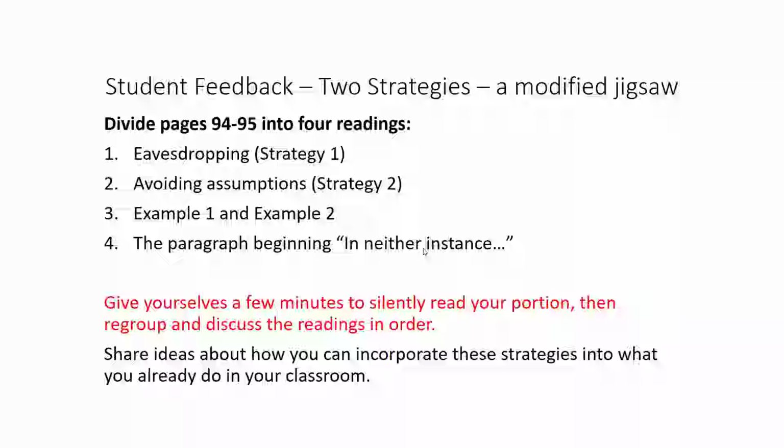Each of you take a piece of that, give yourselves a few minutes to silently read your portion, then regroup and discuss the readings in order, and then take a couple of minutes and share ideas about how you can incorporate eavesdropping and avoiding assumptions into what you're already doing in your classroom as a way to get better student-to-teacher feedback, which will inform your instruction.